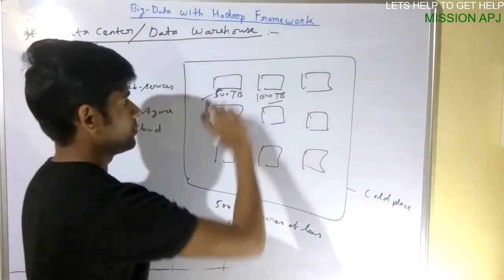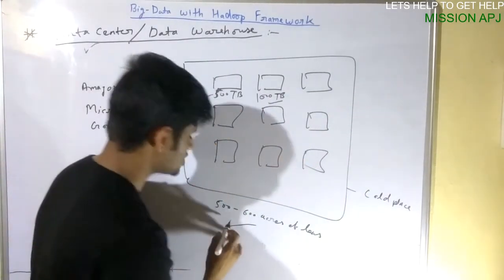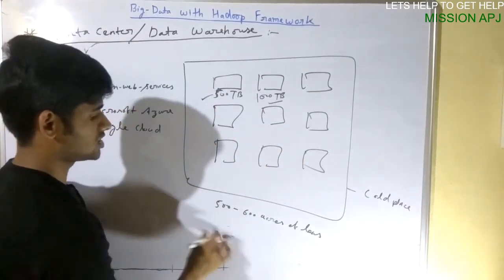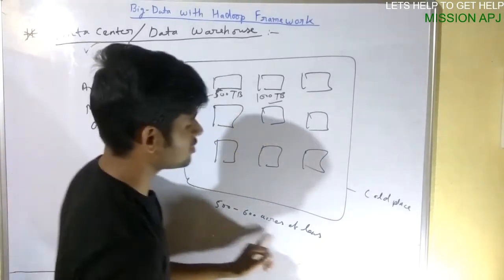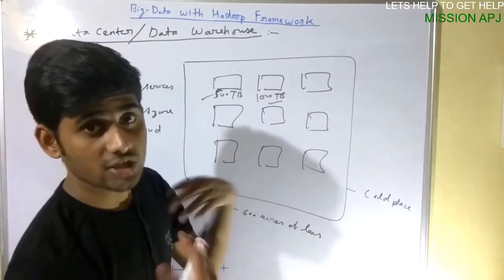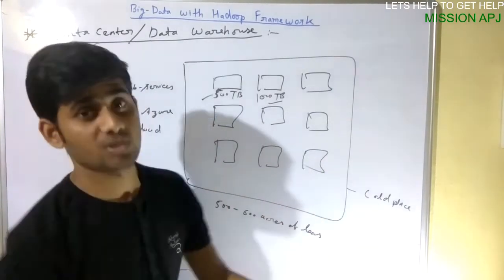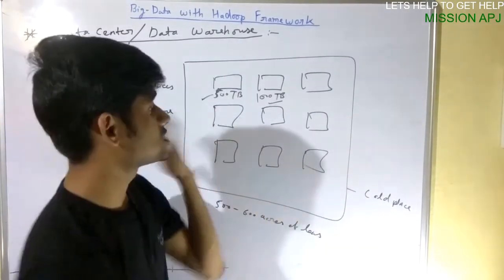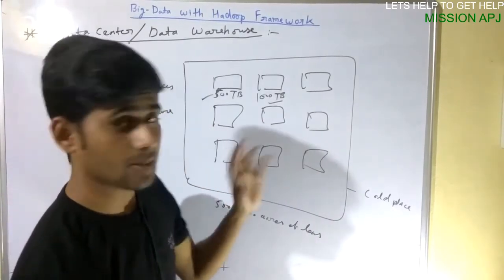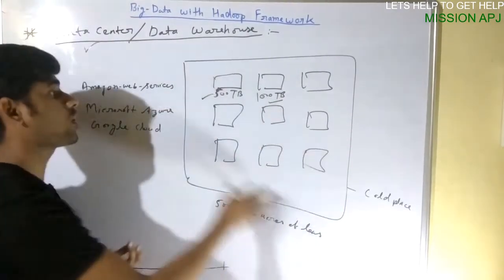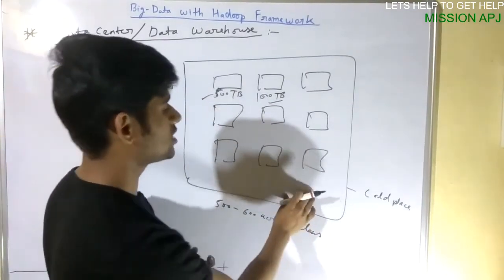You can get an idea of 500-600 acres of land used only for storing data. So how much data is going to be stored? Billions, millions of records, terabytes or petabytes of data. So lots of hard disks are used here.